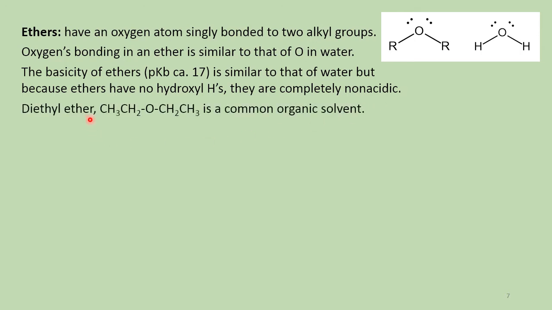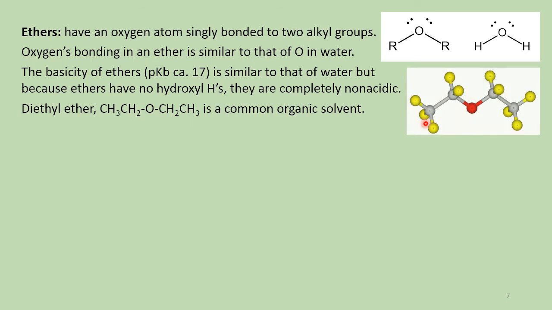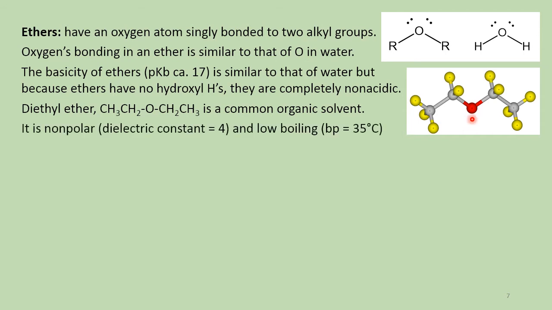Diethyl ether, ethyl oxygen ether, is a common organic solvent. CH3CH2OCH2CH3. So oxygens are depicted red in these models. Diethyl ether is nonpolar. Its dielectric constant is only 4. It has a low boiling point, 35 degrees C, and that makes it a good general purpose solvent in the organic laboratory.